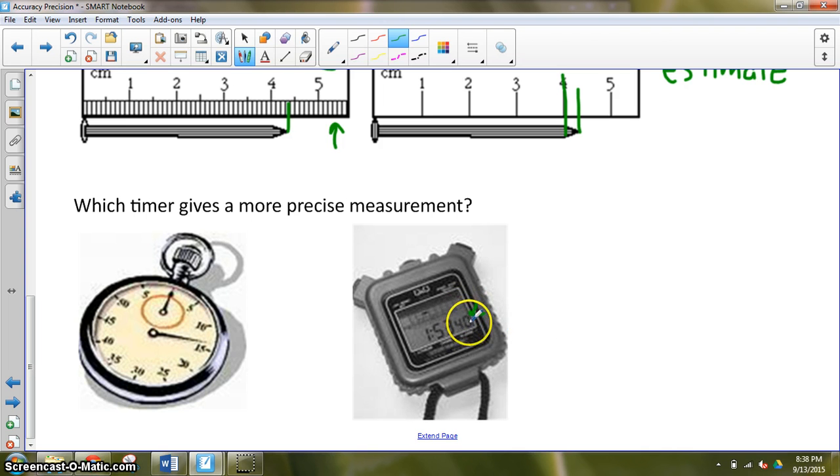So this one here, that 0 is actually the estimated digit because it's reading out digitally. That would make this one the more precise measurement. This one can read to the hundredths. This one would only be able to read to the tenths with that estimated digit. Our goal in science is to always give the most precise measurement possible, but we're always limited by the tool that we're using when we make those measurements.